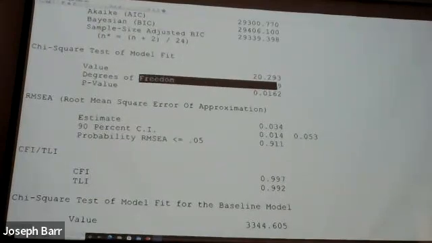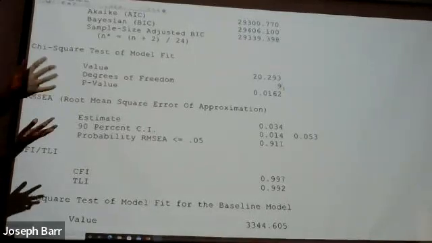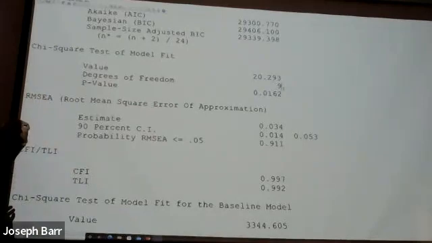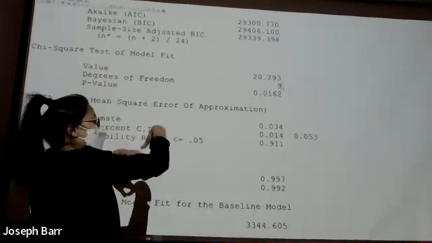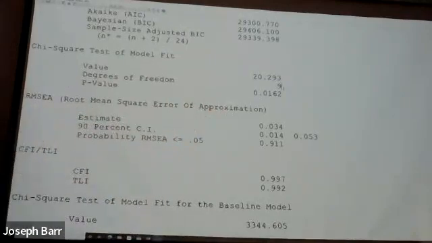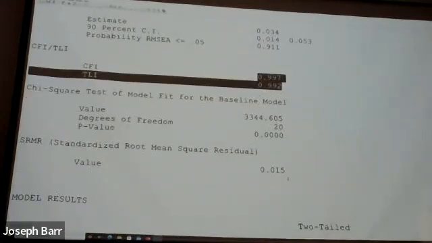Degrees of freedom now is 9, because we removed that path. The previous model had 8. P value and RMSEA are still very low, and these two numbers are still very large, close to 1.